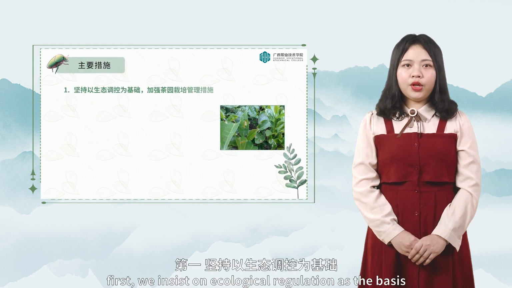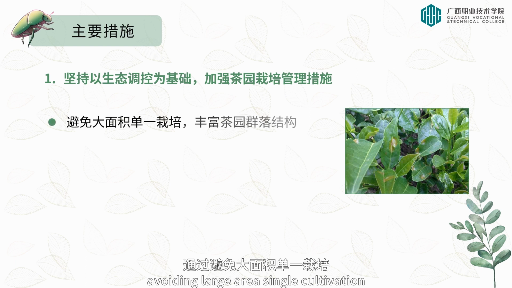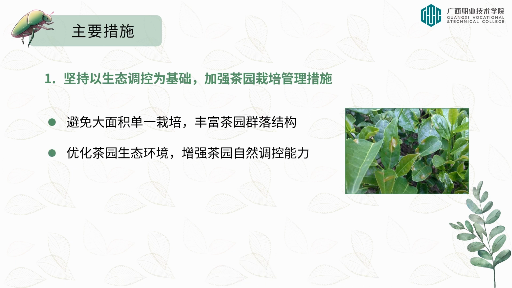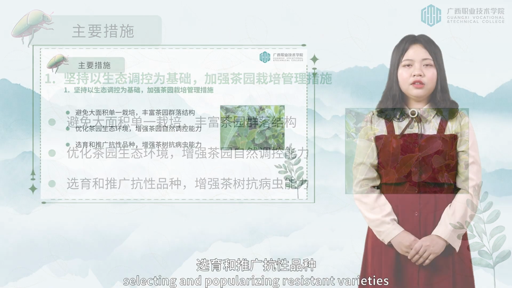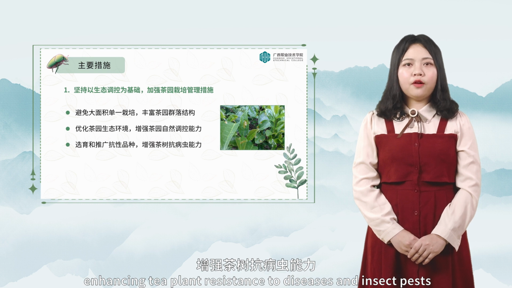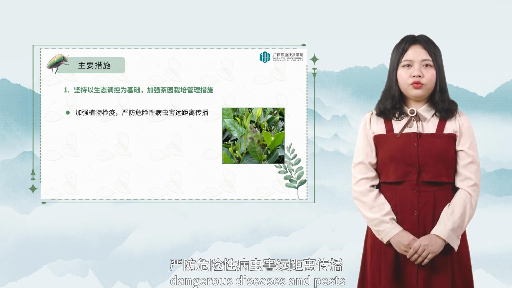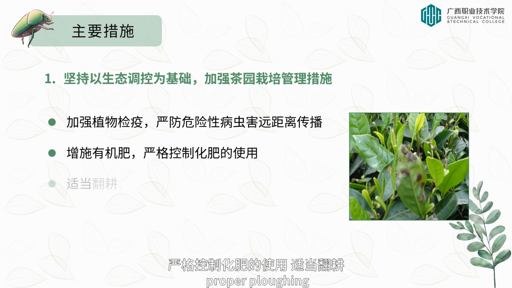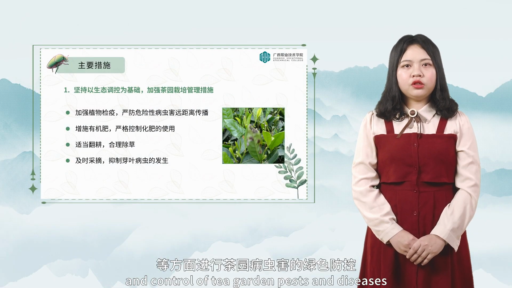First, we insist on ecological regulation as the basis, strengthen the cultivation and management measures of tea garden, avoiding large area single cultivation, enriching tea garden community structure, optimizing tea garden ecological environment, enhancing natural regulation and controllability of tea garden, selecting and popularizing resistant varieties, enhancing tea plant resistance to disease and insect pests, strengthening plant quarantine, strictly preventing the long-distance spread of dangerous disease and pests, increasing the application of organic fertilizer, strictly controlling the use of chemical fertilizer, proper plowing, reasonable weeding, and timely picking to restrain the occurrence of bud and leaf disease and pests, and to carry out green prevention and control of tea garden pests and disease.